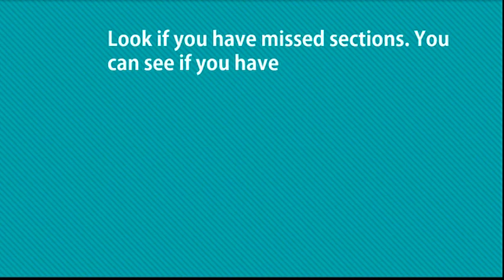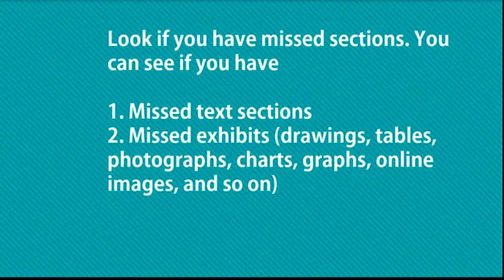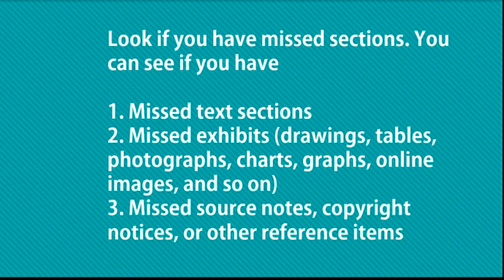You can see if you have missed text sections, missed exhibits like drawings, tables, photographs, charts, graphs, online images, and so on. Number 3, have you missed source notes like copyright notices and other reference items? These 3 are not relevant in all business communication messages, but they are relevant. Do check for them if they are relevant.